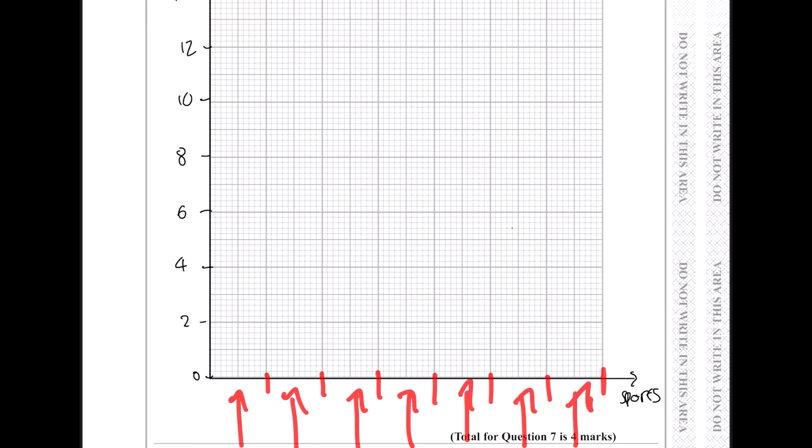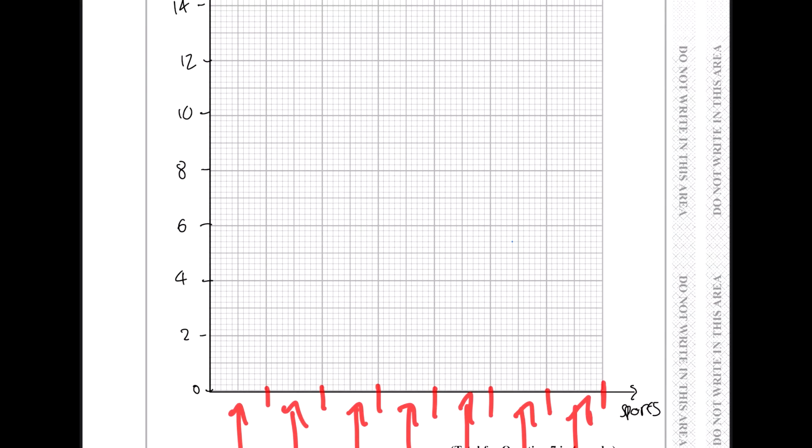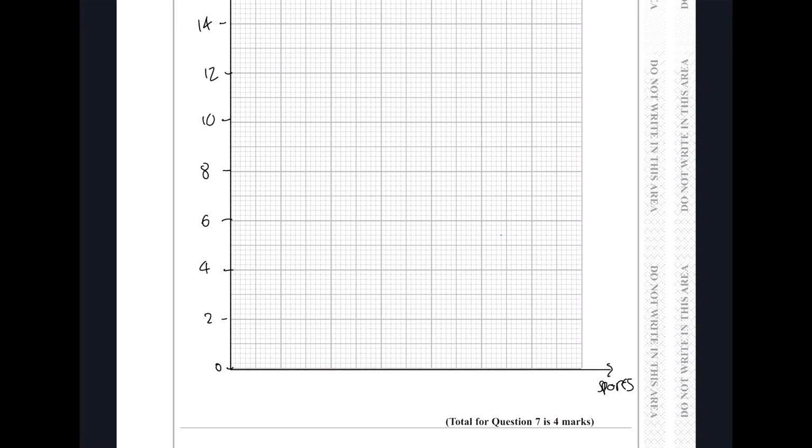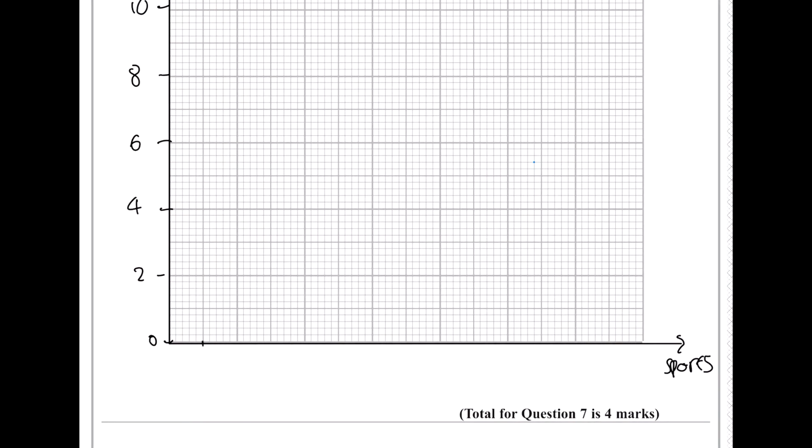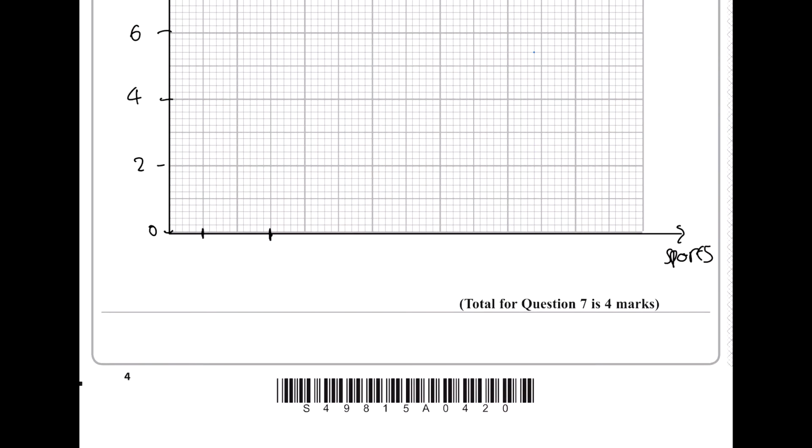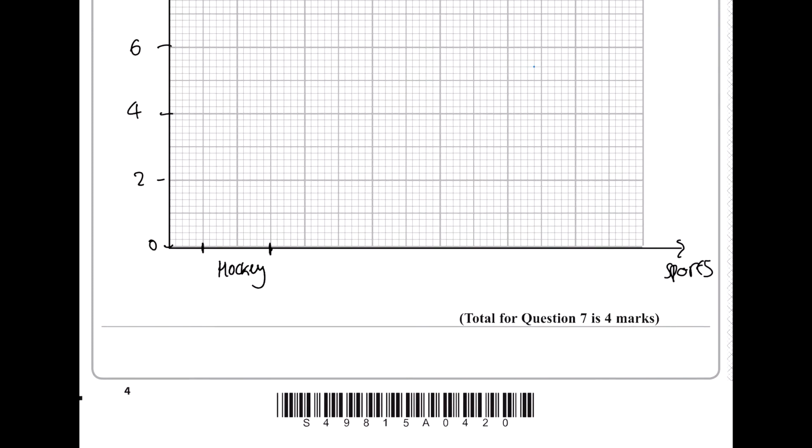But again, just for visual purposes, I don't want the bars touching the y-axis. So what I'll do is offset my starting point to around here. And then also because I want a gap between the bars, I'll leave a little gap. So we'll start here and then go to here. So this will be our hockey. It's hockey.